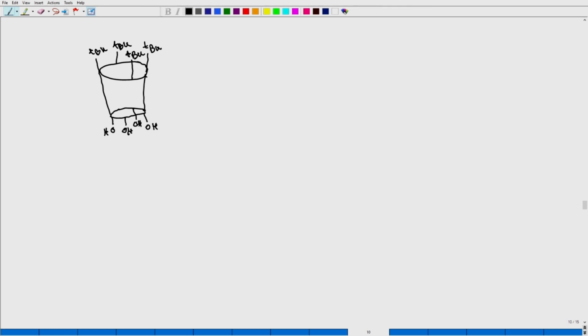We selectively functionalize maybe 2. Say I functionalize these 1, 3. How? From OH I functionalize them to OR. So, the corresponding ones I can remove if I react it with aluminum chloride.